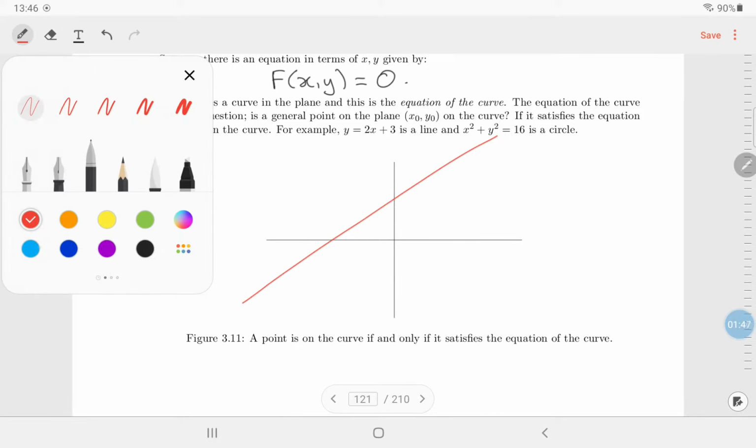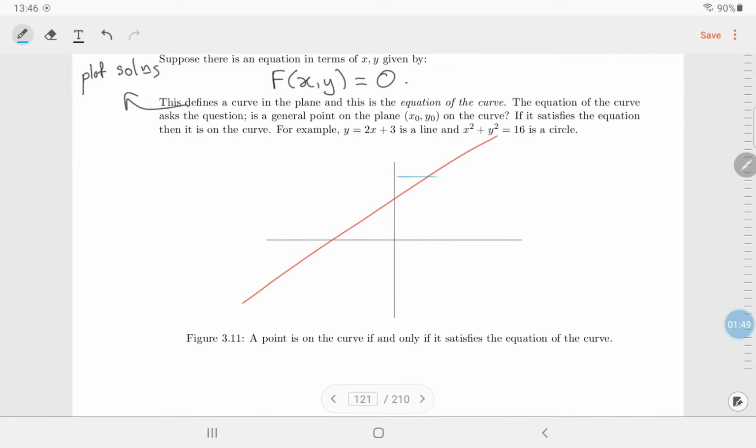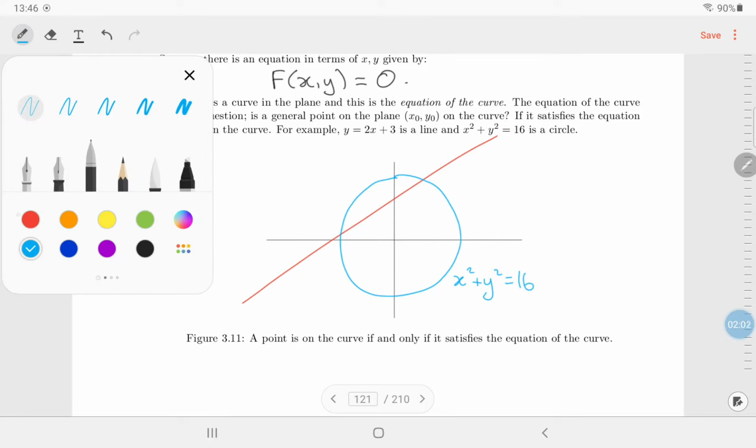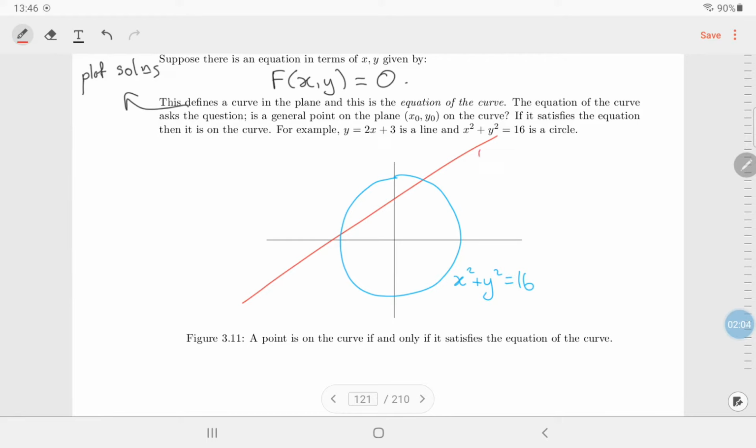And another one would be x squared plus y squared equals 16, which might look something like that. All the points on this satisfy that the x coordinate squared plus the y coordinate squared is equal to 16. And all the points on this satisfy that the y coordinate is equal to twice the x coordinate plus 3.